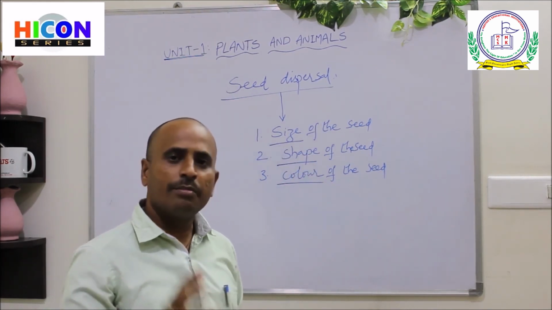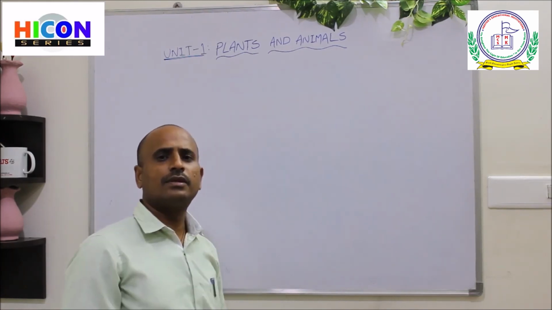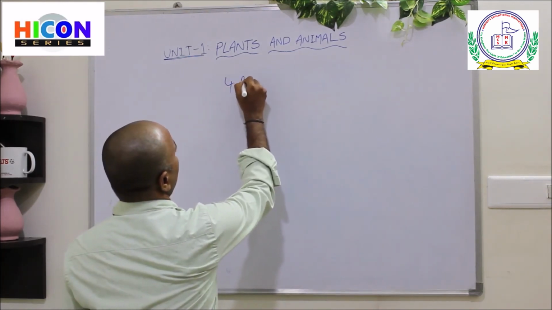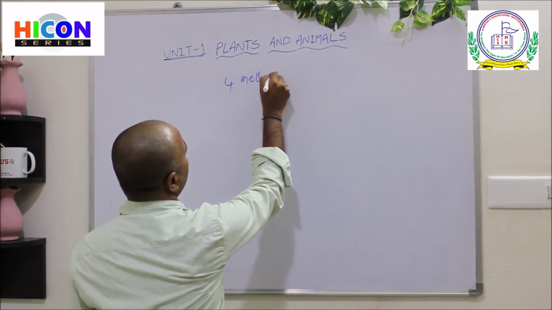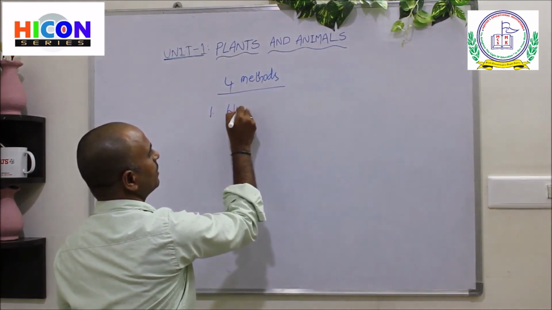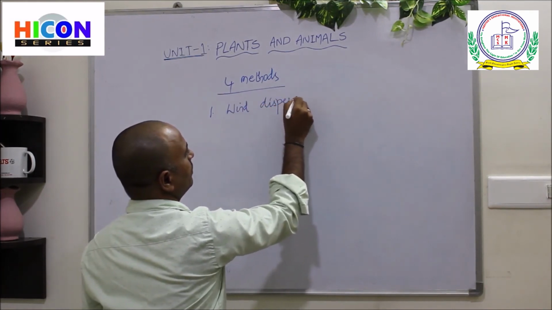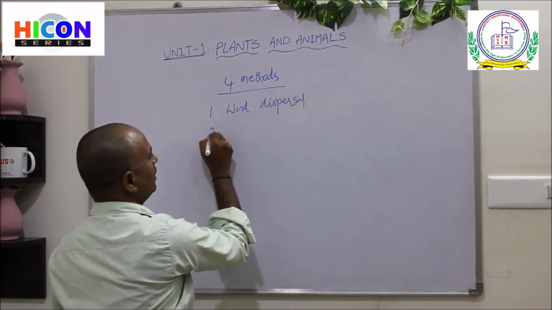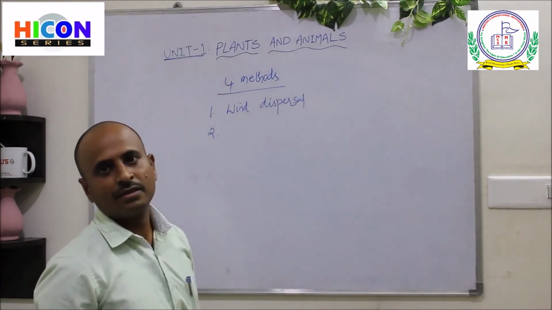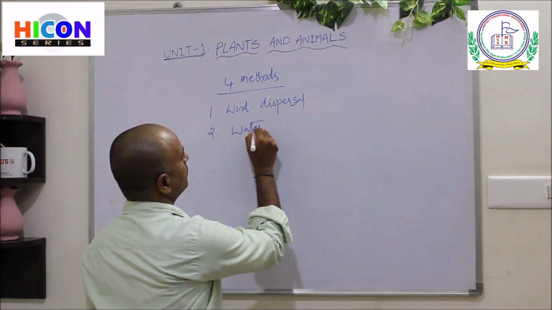There are mainly four methods of seed dispersal. The first one is wind dispersal. The second one is water dispersal, that means dispersal by water.